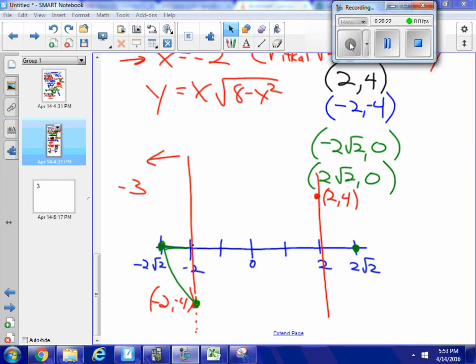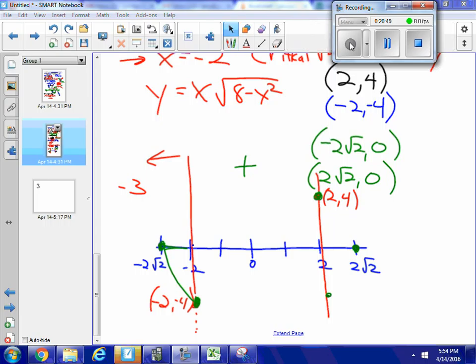So I now know that in this interval, my slope is going to be up, which again doesn't surprise me, because I have to get from this point right here to this point right here. And the only way to do that is to go up. And I can't change directions in the middle between these two intervals, because otherwise I need another critical point. I don't have another critical point.